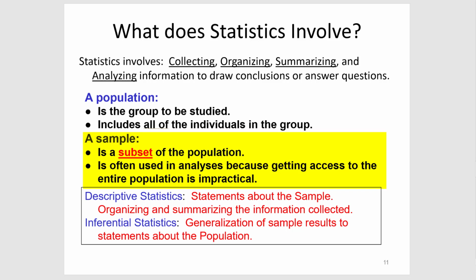It's often used in analysis because getting access to that population, as we said, is somewhat impractical. So descriptive statistics are statements about the sample, organizing and summarizing the information. Inferential statistics then generalizes what we got from the sample and makes statements about the population.